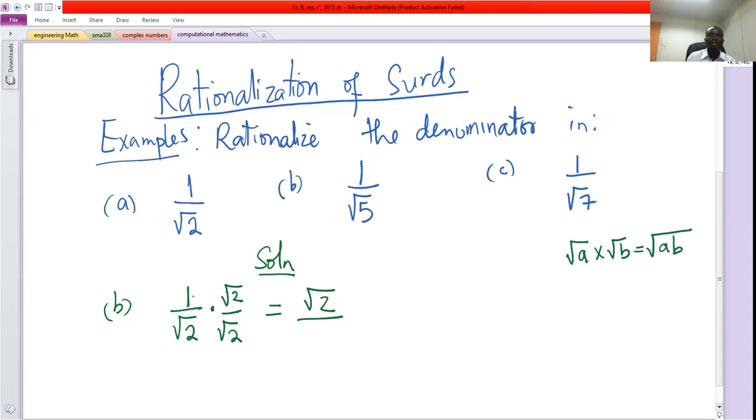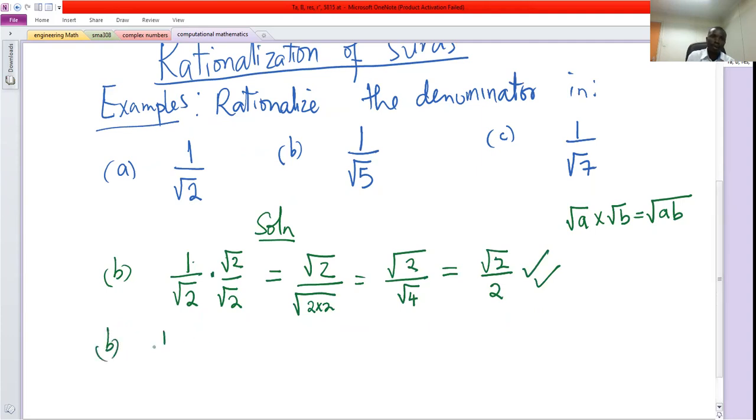So root 2 times root 2 is the square root of 2 times 2, which is 4. And when solving this, we are only interested in the positive square root. So the positive square root of 4 is 2. So this will be the answer to that expression.